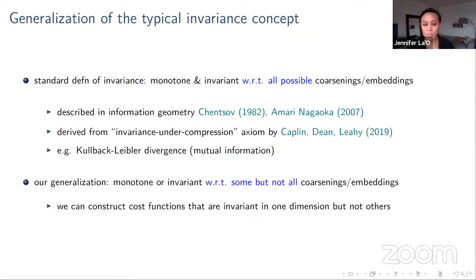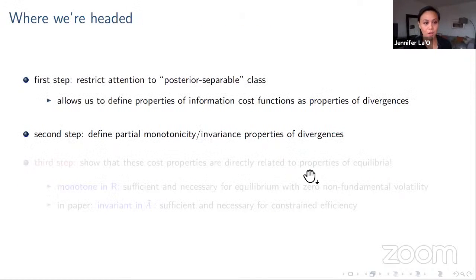This has been described in other work, but one thing to keep in mind, and which we can show, although I'm not going to show you today, is that the Kullback-Leibler divergence is monotone and invariant with respect to all possible coarsenings. So it satisfies the standard definition of invariance. Our generalization is that cost functions can be monotone and/or invariant with respect to some, but not all.